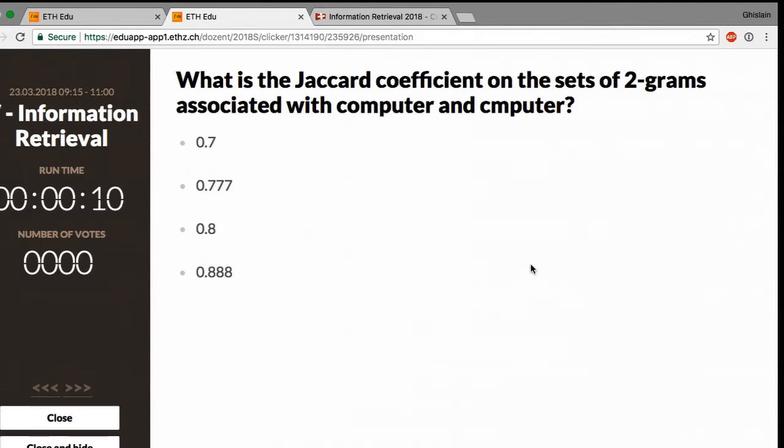So if you take these words computer and computer without the O, using 2 grams, in the slides we use 3 grams, but now we use 2 grams, what is the Jaccard coefficient between these two words? And you see that here I'm activating your medium-term memory, because I talked to you about the Jaccard coefficients in the middle. So we'll see if it's still activated. So there's no secret. You may need to just write it down.